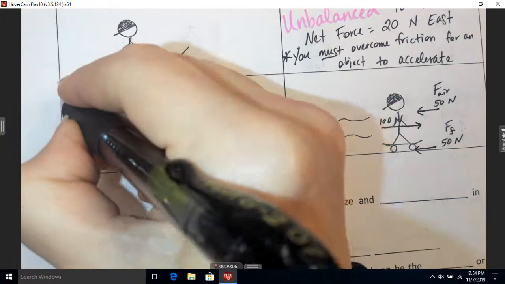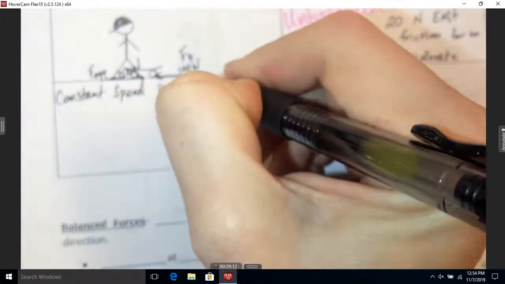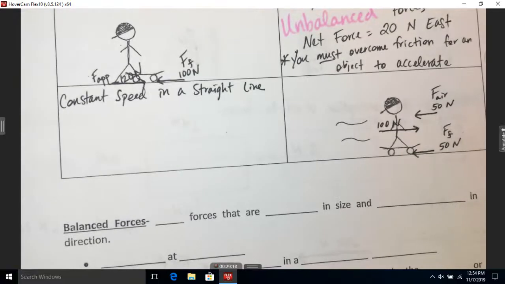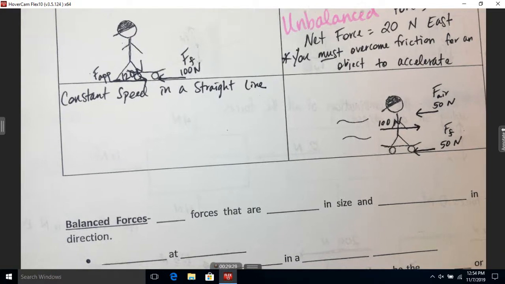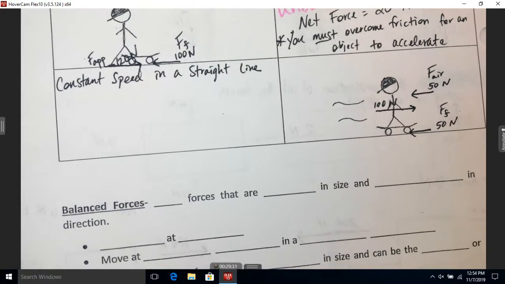He's at a constant speed in a straight line. So that's not acceleration, is it? No. What are your forces on here? Look at your numbers.